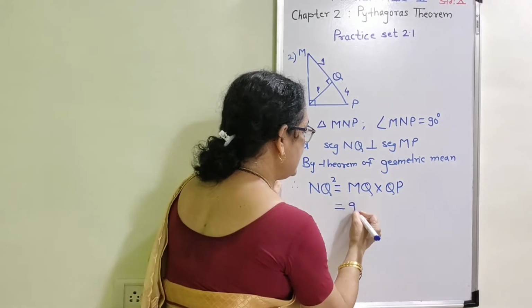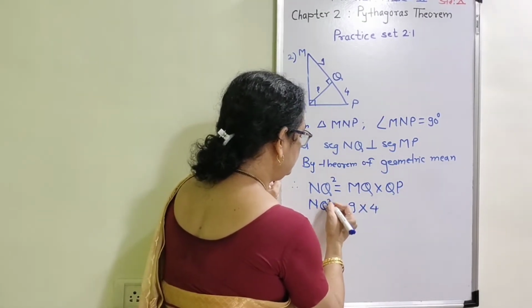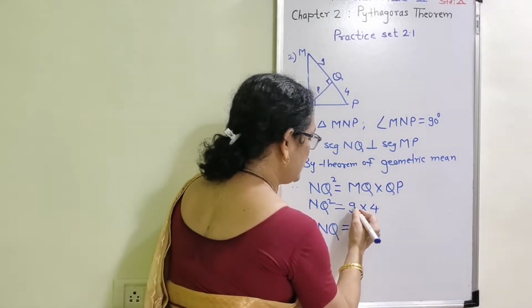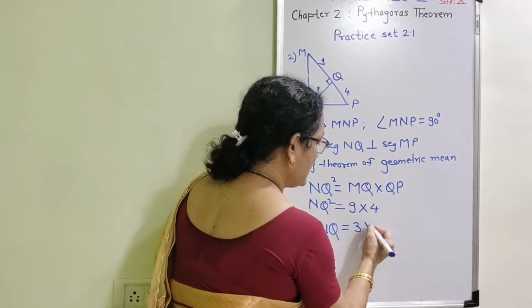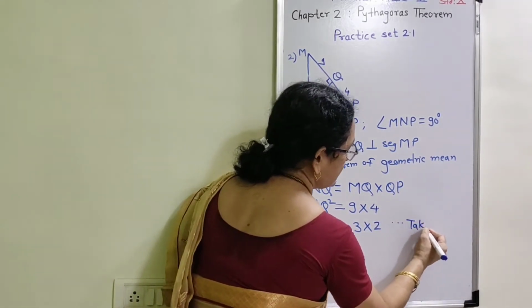MQ is 9, QP is 4. Now taking square roots, we get NQ is equal to square root of 9 is 3, square root of 4 is 2.